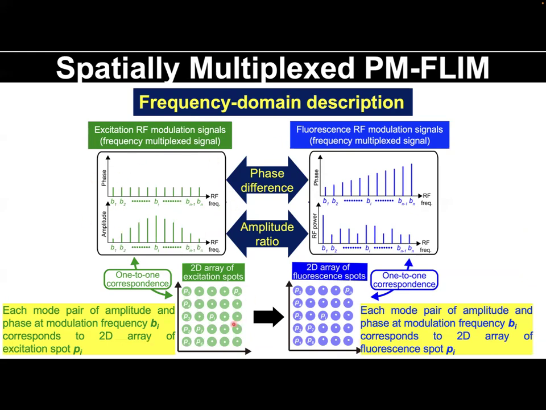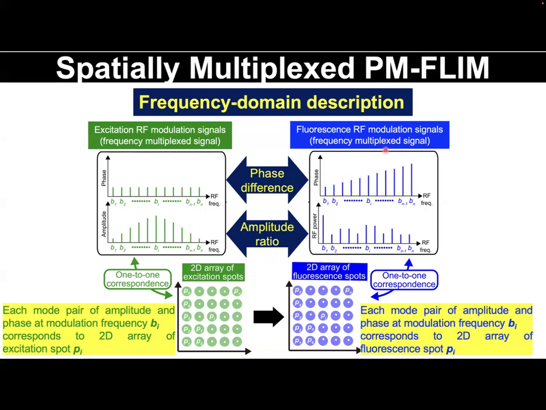The left shows RF spectra of amplitude and phase for the 2D array of excitation spots. Importantly, they are frequency multiplexed by Bi. So each mode pair of amplitude and phase at the modulation frequency Bi corresponds to the 2D array of excitation spot Pi, having a one-to-one correspondence.